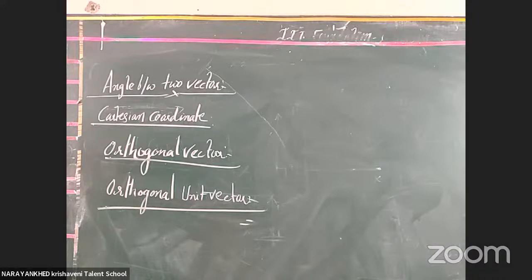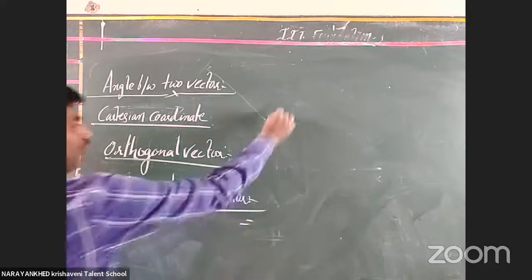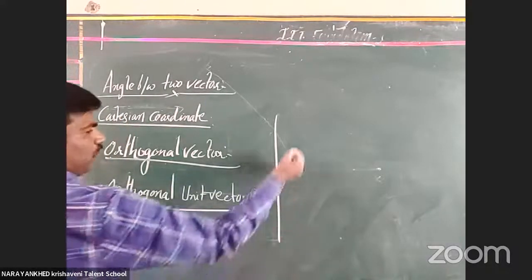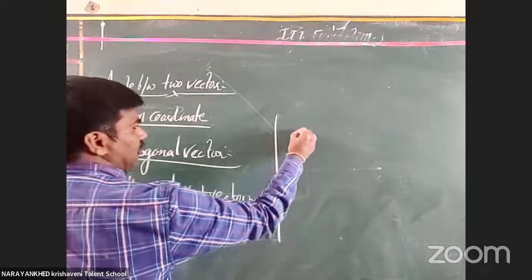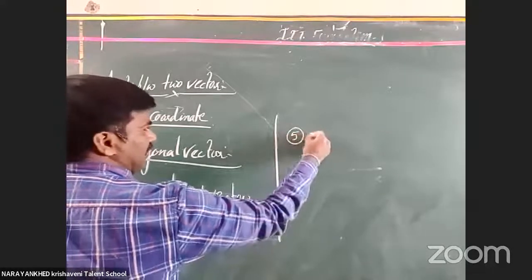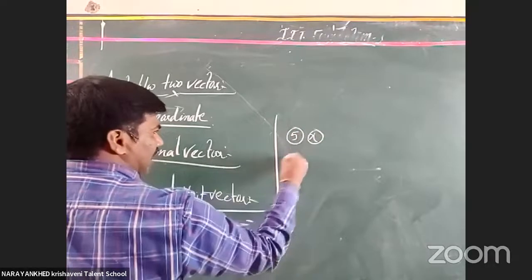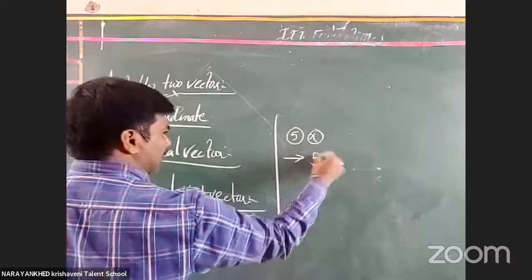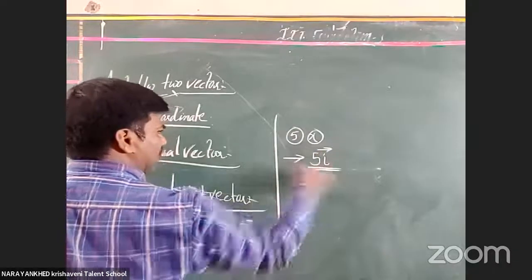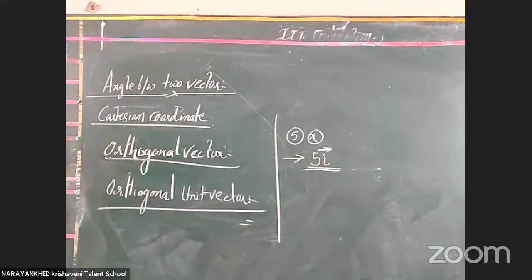A vector of magnitude 5 along the negative x-axis will become minus 5i. Got it or not? That is what is called an orthogonal vector. I hope you understood. The magnitude here is 5, and it is along the x-axis, so the orthogonal vector will be written as 5i bar. That is called an orthogonal vector.